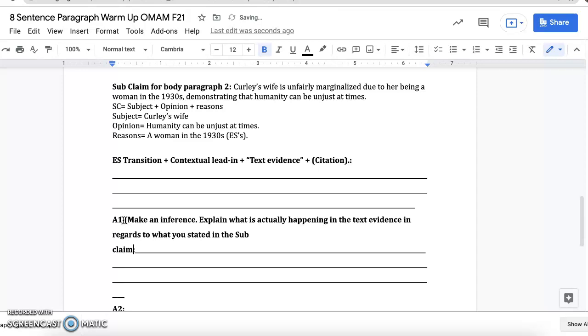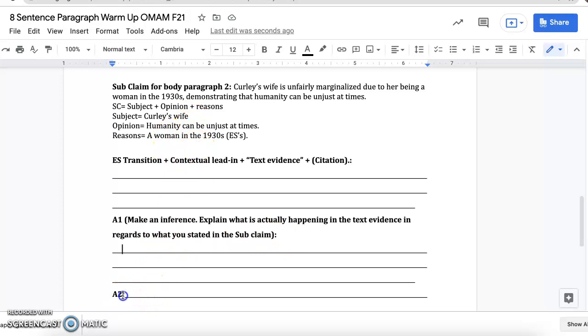So again, your piece of evidence should reflect that Curly's wife is marginalized because she is a woman in the 1930s. So tell me how your ES reflects that she's being marginalized.